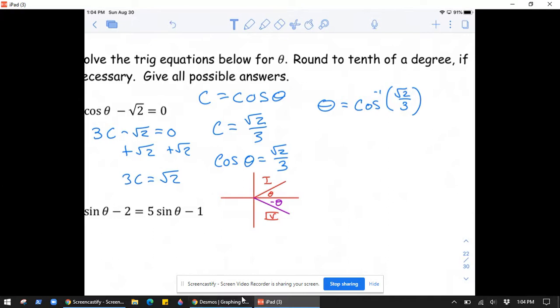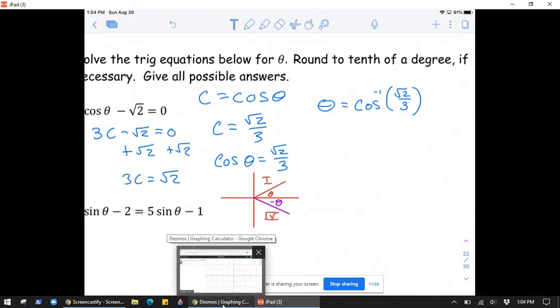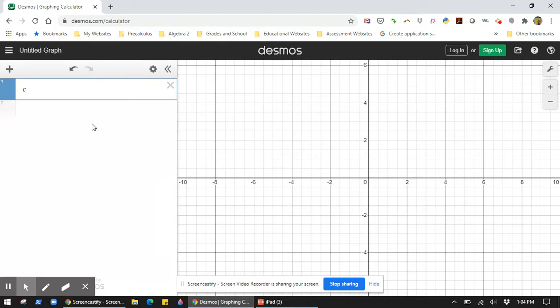So let's just go and find out what cos inverse of square root of 2 thirds is. About 61.9 degrees.